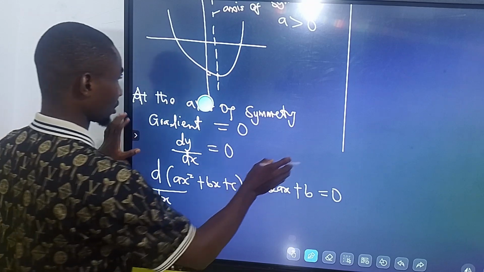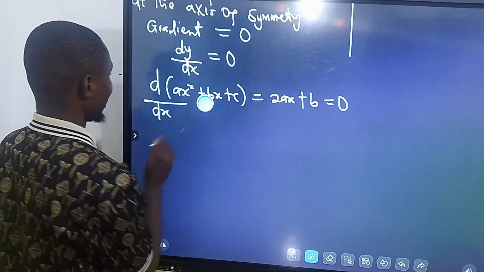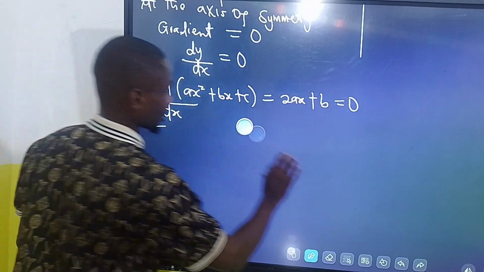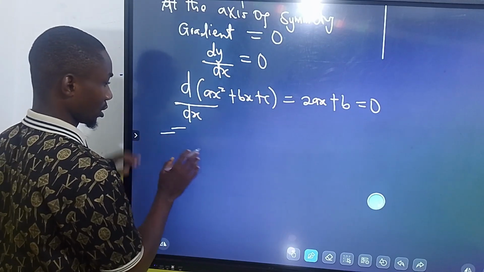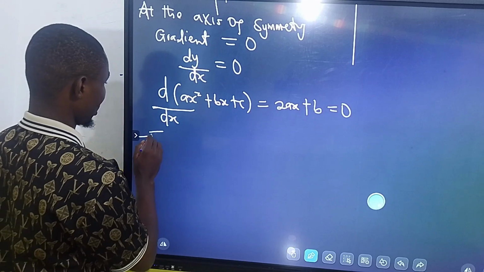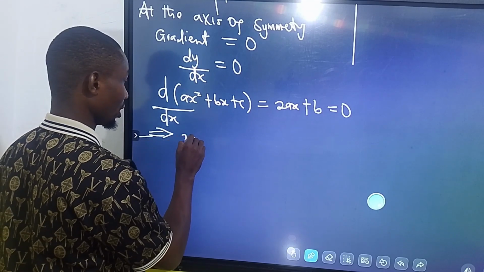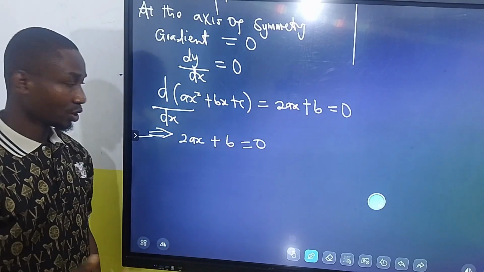So it now implies that 2ax plus b is equal to 0.